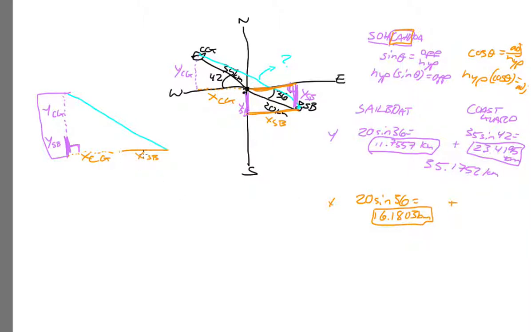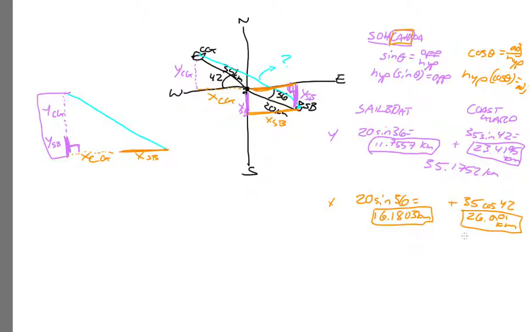And this x that I just found for the sailboat, I'm going to add it to the x of the Coast Guard. The x of the Coast Guard is going to be 35 times the cosine of 42 degrees, and that's going to get me 26.0101 kilometers if I round.